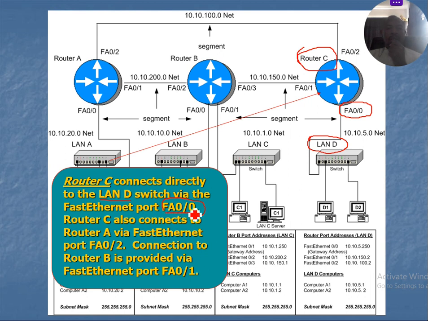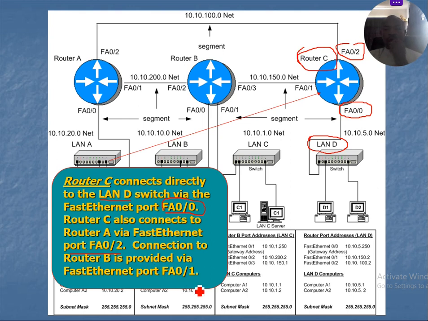Then router C also connects to router A. This C connects straight back to A like this, through which interface? Through FA0/2, this Fast Ethernet port.